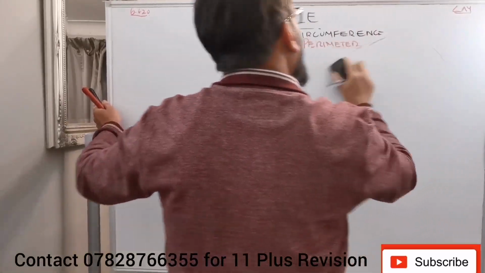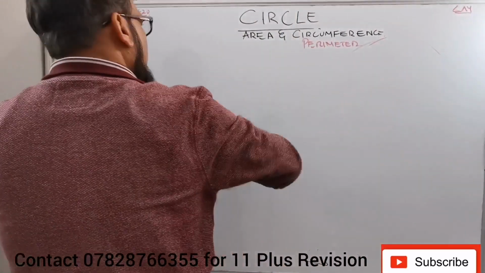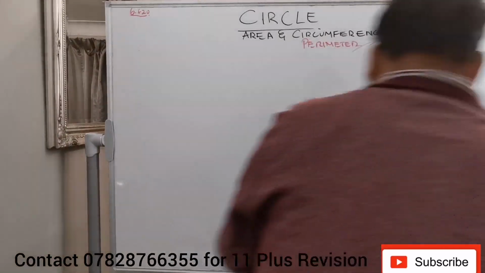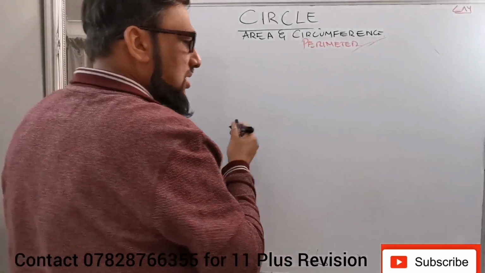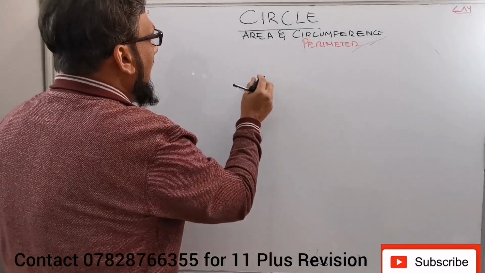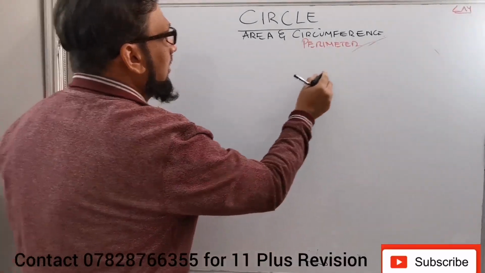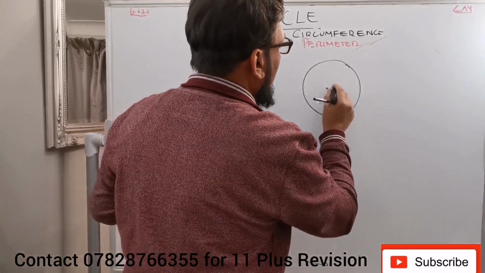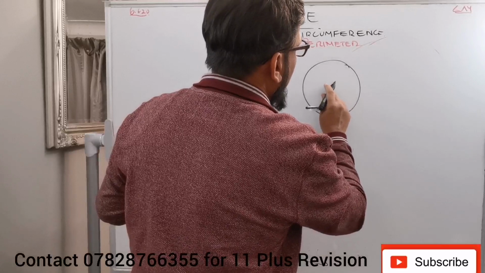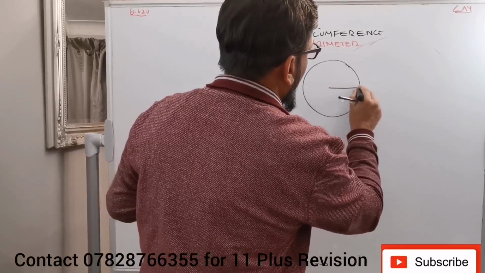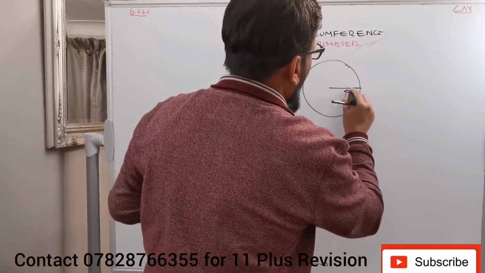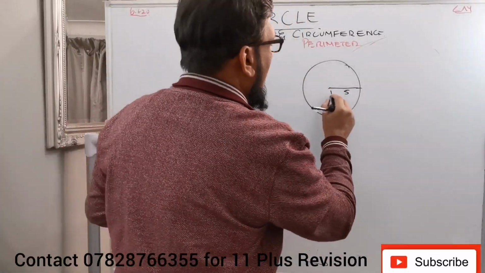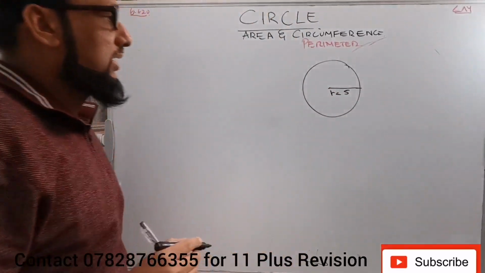Very simple, very easy topic. There is a circle, and they are giving you the radius, which is 5.